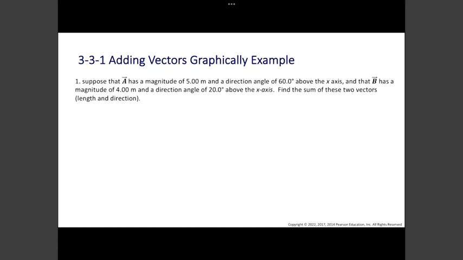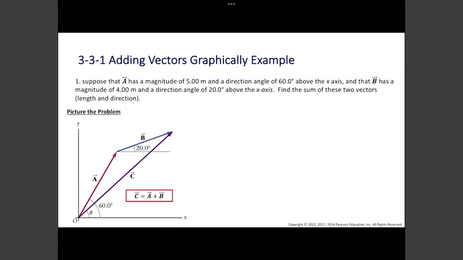So first of all, it is important to picture the problem. A is in the direction of angle 60 degrees from the x-axis, and B is in the direction of angle 20 degrees above the x-axis. Since we need to add these vectors, we place the tail of the second vector at the head of the first vector as in this figure.